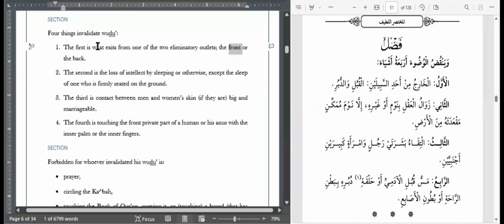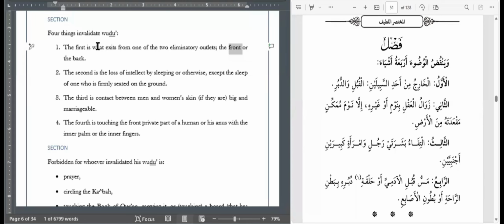Anything that exits the front or the back pathways breaks the wudu. Okay, so I think that's clear.